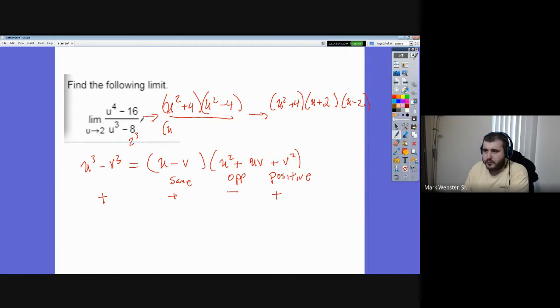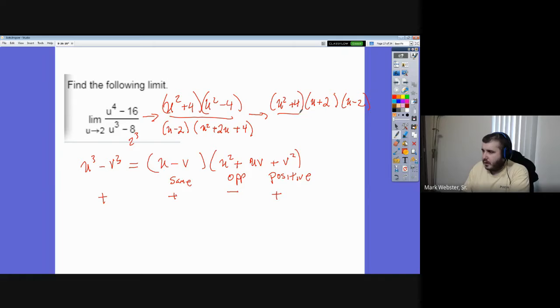8 is 2 cubed. So u, same sign, minus 2. Opposite sign, u times 2, so 2u. Positive, plus 2 squared is 4.